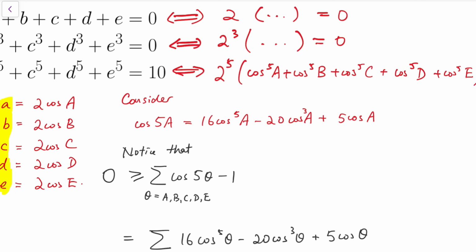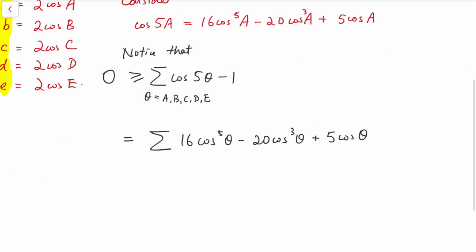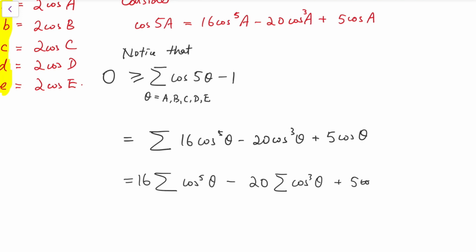Now back to the summation below. From this we know that I can split the sum term by term like this. Of course, do not forget the minus 1 at the end. For this minus 1, we're actually subtracting 5 from the outcome of all the summations, because there are 5 angles altogether.